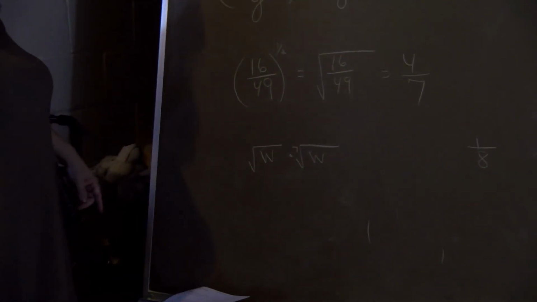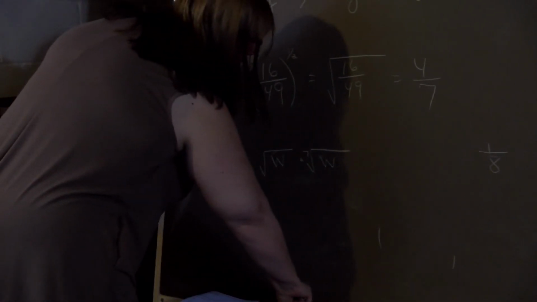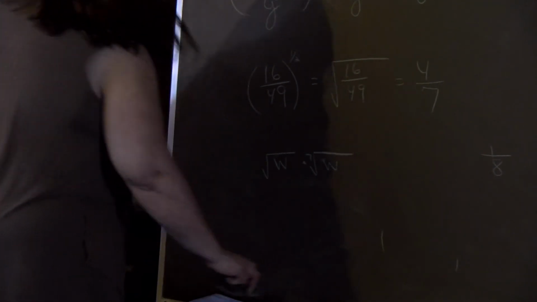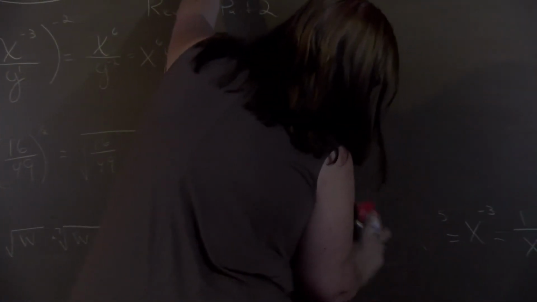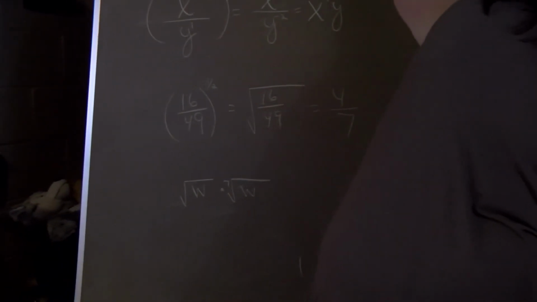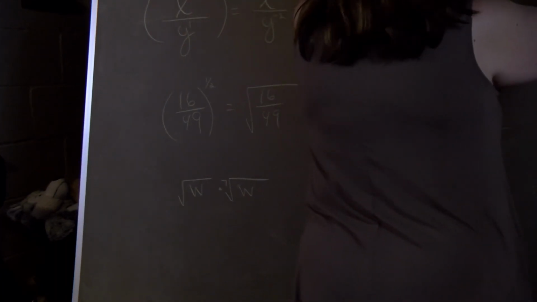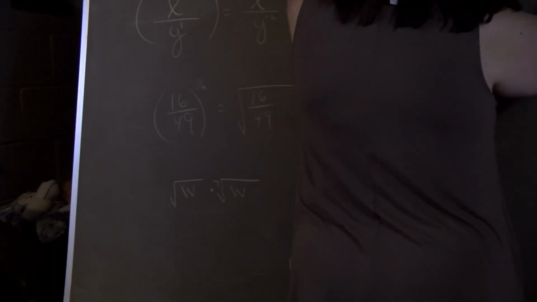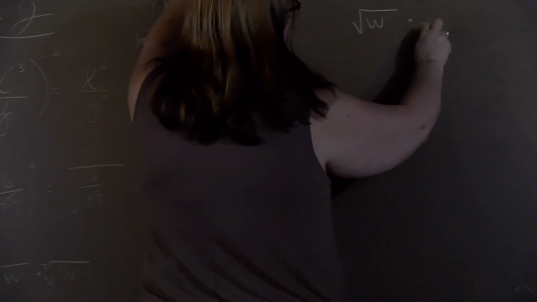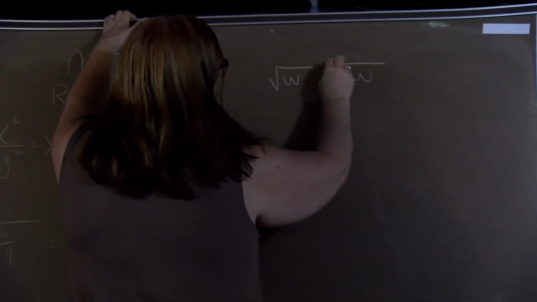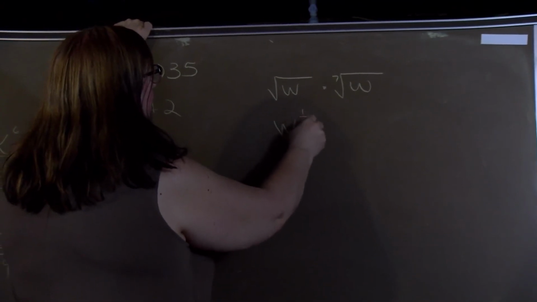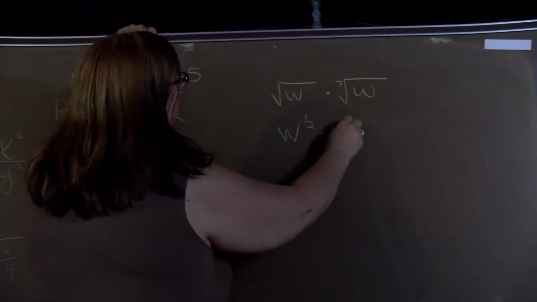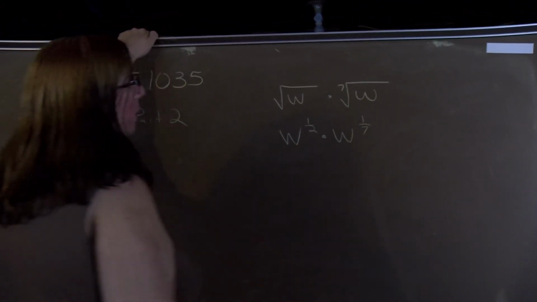So it is actually easier if you rewrite it as the fractional exponent. Because if we rewrite this, this is w to the 1/2 and w to the 1/7.